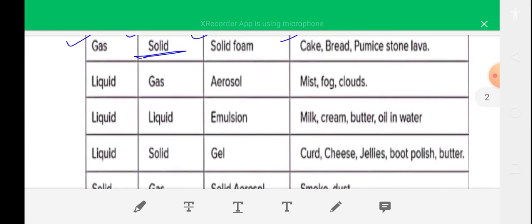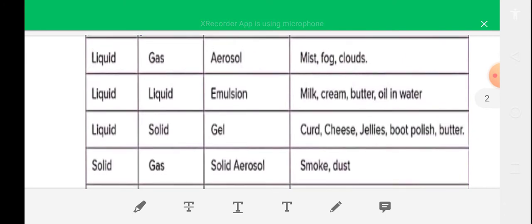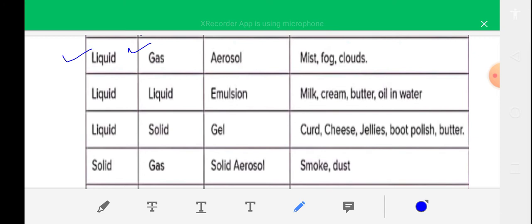Next, when dispersed phase is liquid and dispersion medium is gas, that is liquid in gas, such colloids are known as aerosol. Examples of aerosol: mist, fog, clouds.